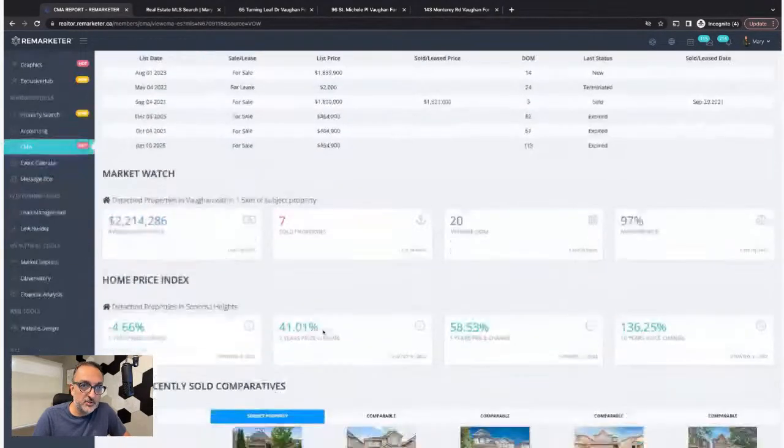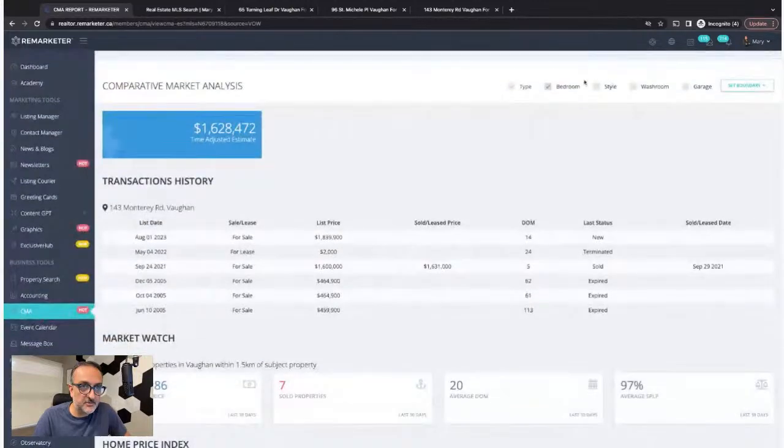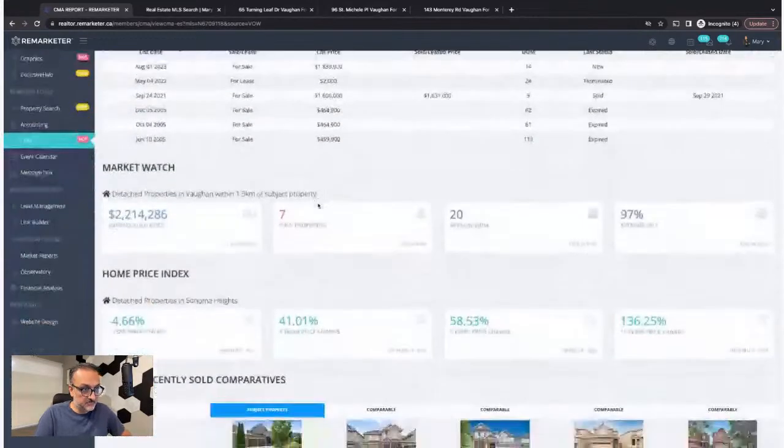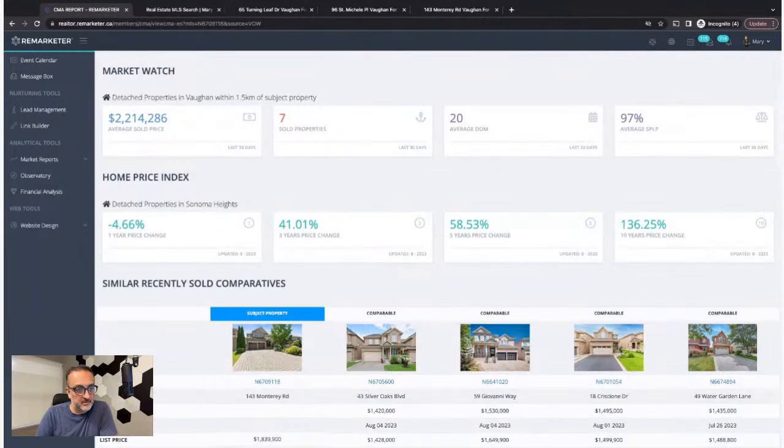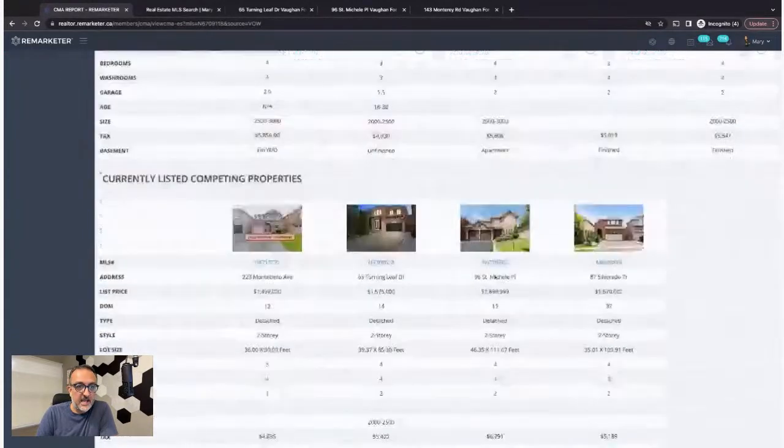and that you can kind of see where we are at right now. So you know how to switch between the different aspects of comparison here, how to read through the transaction history, what the time adjusted estimate is, how this information can help you understand where in the hierarchy of the properties available in that immediate market this property is located: comparables, competing, and the neighbors.